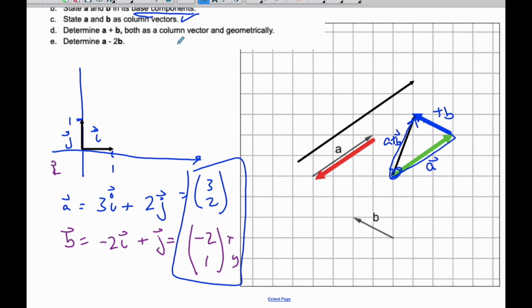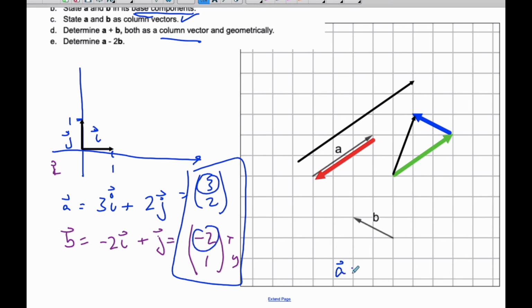To do it by columns, well, let me just erase this for a moment so we can look at it more carefully. If I look at this first one, I'm going to go 3, 2. If I look at the x value, I know on this A plus B vector it's 1. That's the same as taking 3 minus 2.